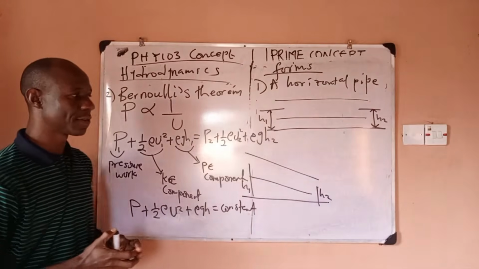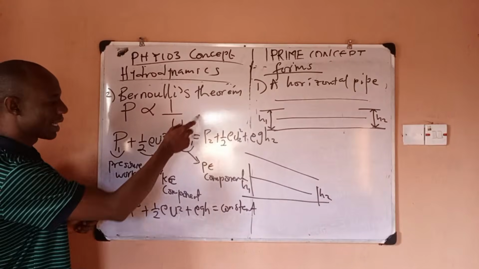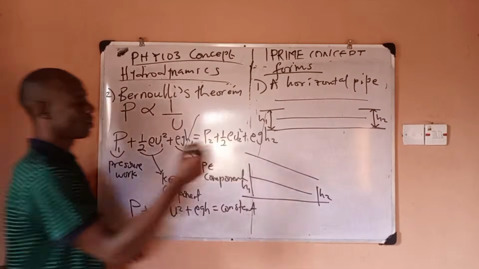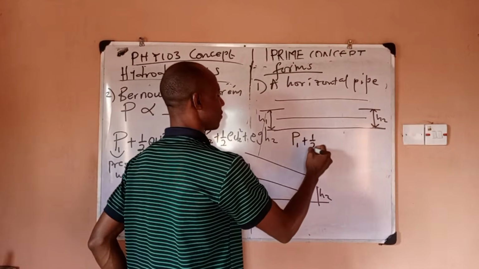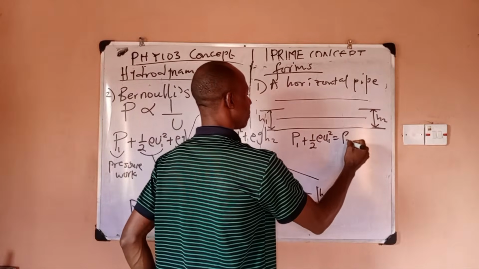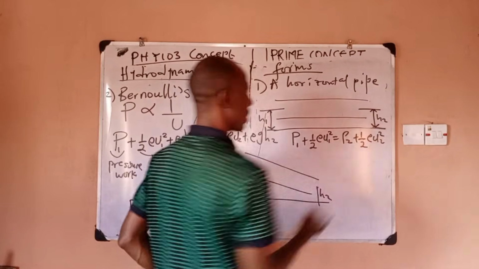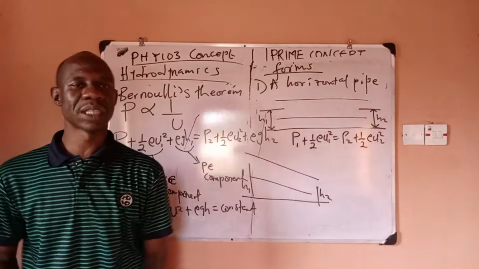If that is the case, the rho gh1 and rho gh2 parts of this equation will cancel out. So what will you be left with? You'll be left with P1 plus half rho U1 squared equals P2 plus half rho U2 squared. So this is Bernoulli's equation for a horizontal pipe.